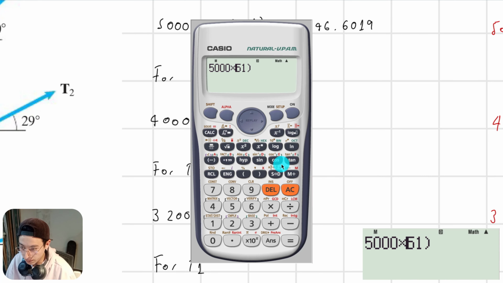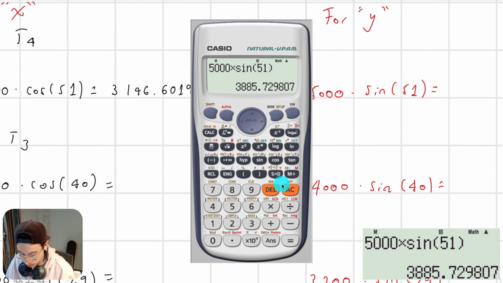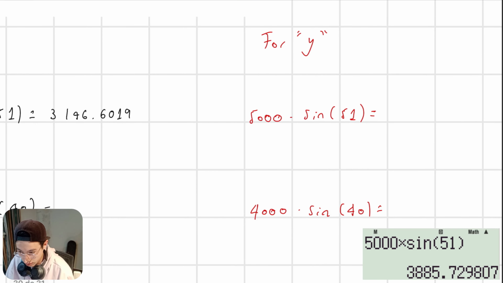Now the same thing, but using the sine, equals 3,885.7298.